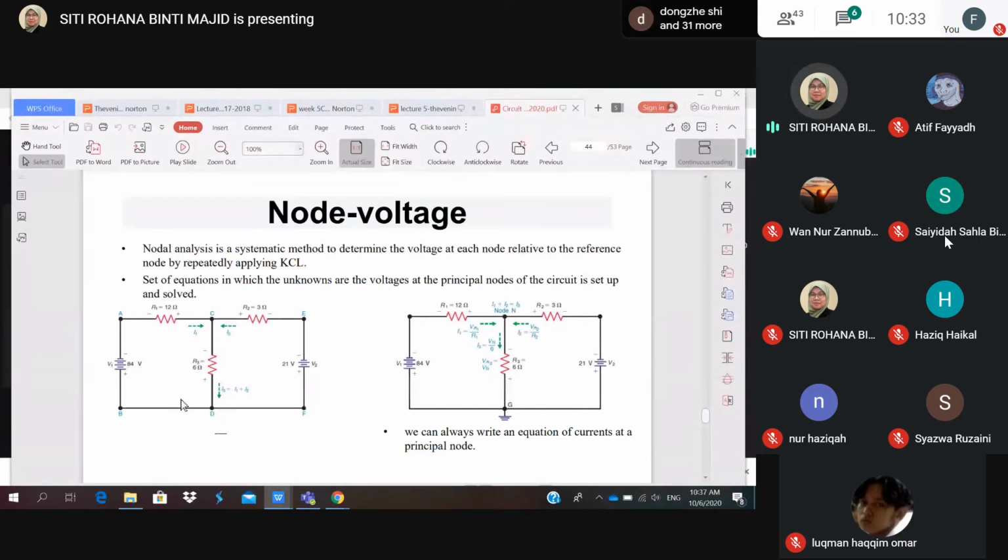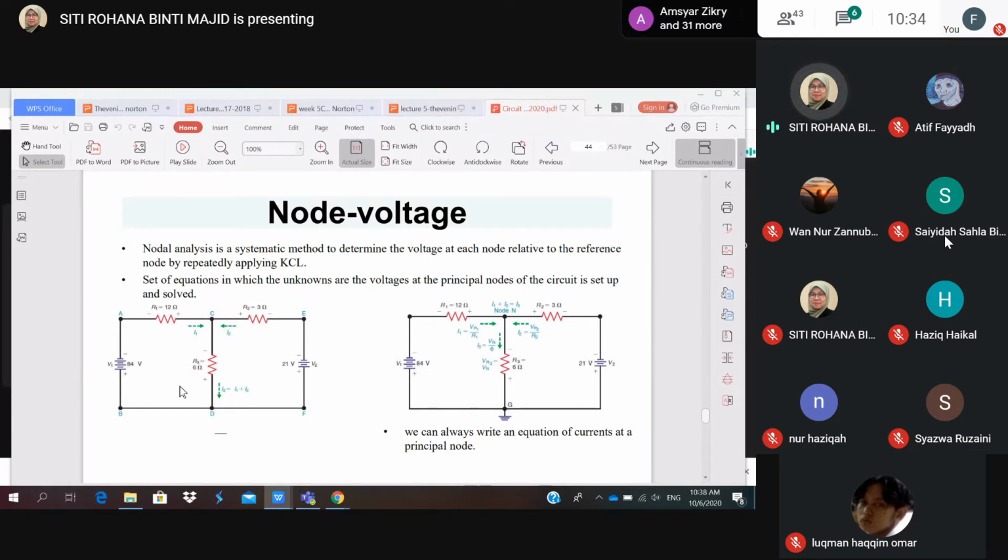For example, in this diagram, we set the lowest line as the ground. The potential difference is between A and B, and the resistance across is 12 ohm. When we write KCL, the current at this element and the current at this element refer to the ground, not to the source.